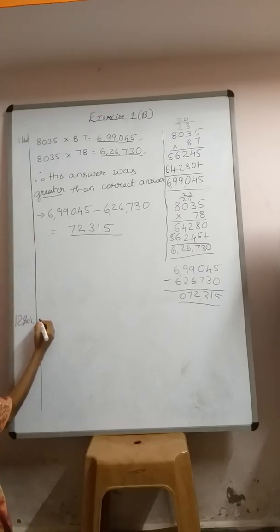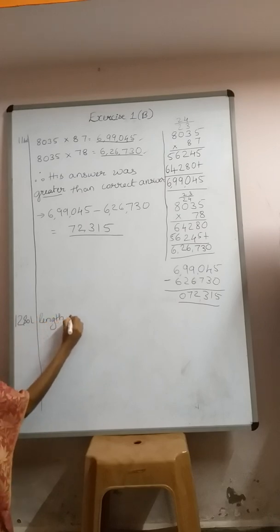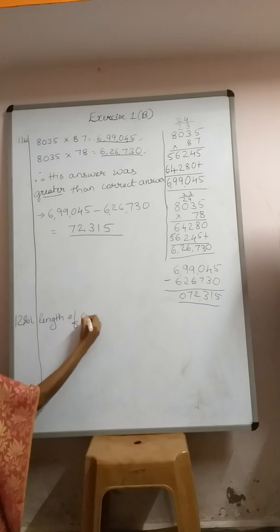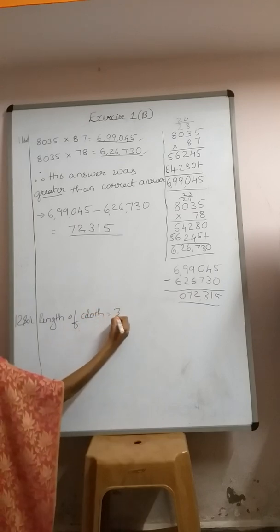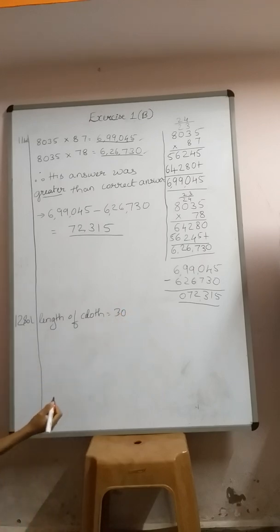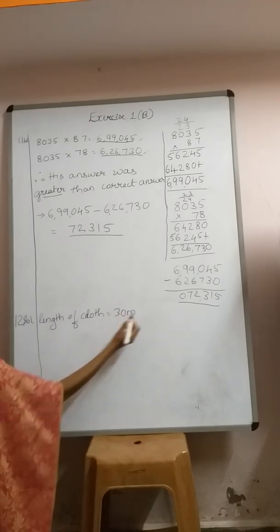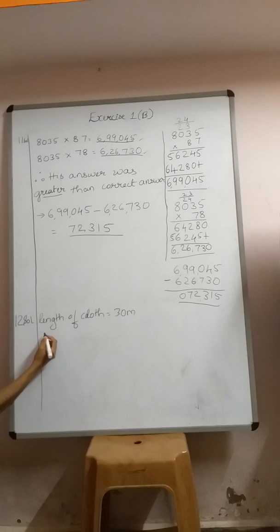So let us write length of cloth. So how much length of cloth Mohini has? It's given. How much? 30 meter. Fine. Next. Required length for each, what she wants to stitch? She wants to stitch some shirts.